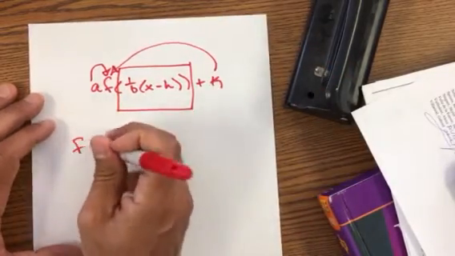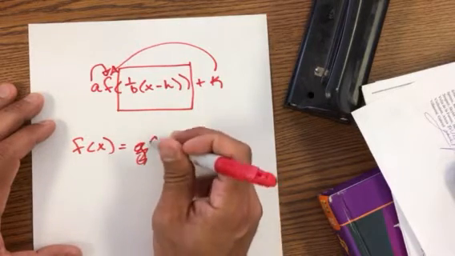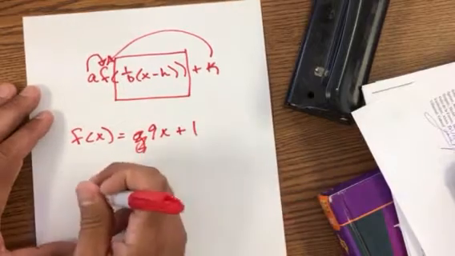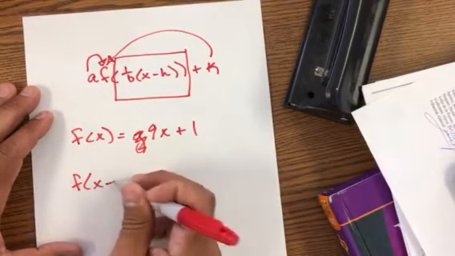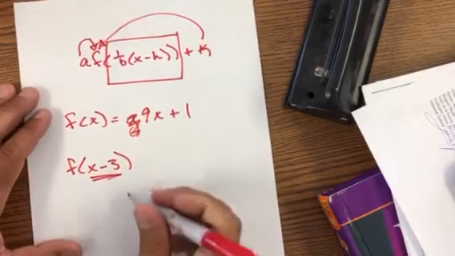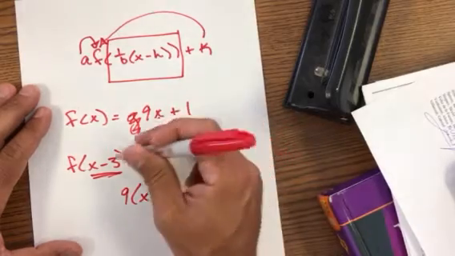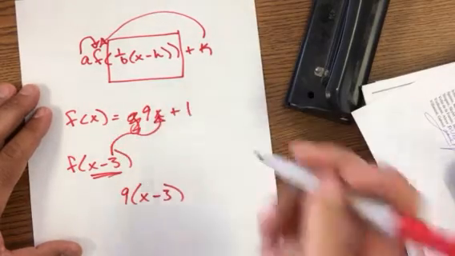So if I have a rule that tells me f of x equals 9x plus 1, and then it tells me to do f of x minus 3, this part goes in wherever I had an x. So I'm going to do 9 times x minus 3. I'm just replacing this x right here with x minus 3.